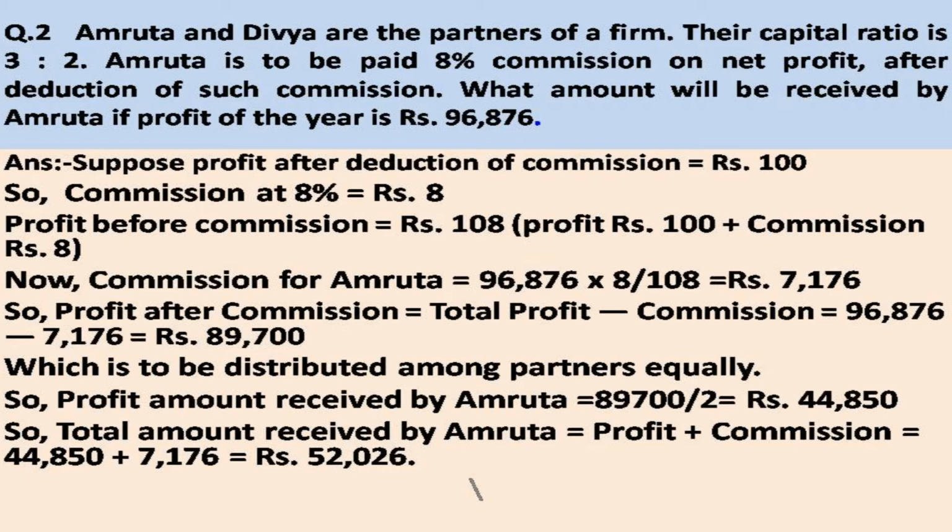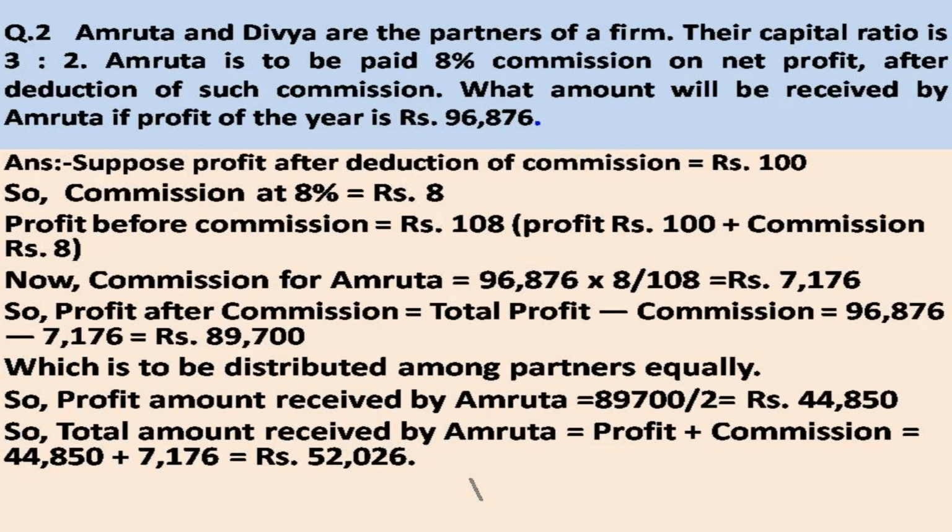So profit after commission is equal to total profit minus commission, 96,876 minus 7,176, which is equal to 89,700, which is to be distributed among partners equally.